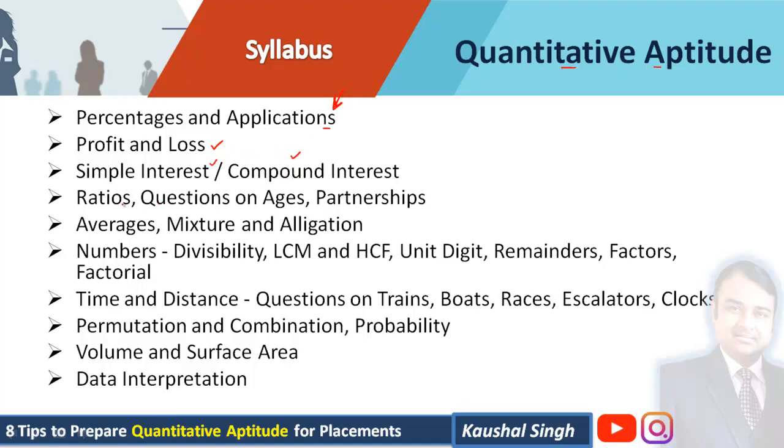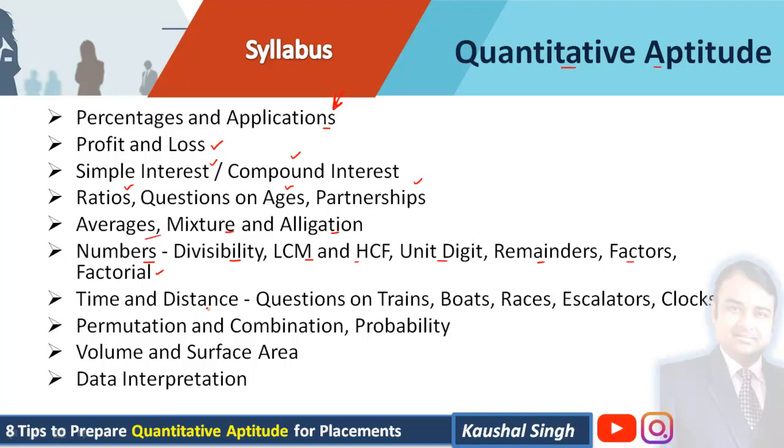You will also find questions based on ratios, ages, partnerships, average, mixture and allegation. You will also find questions on numbers, divisibility rules, LCM, HCF, unit digit, remainder, factors, factorial. So here I have written all the topics of the quantitative aptitude section.